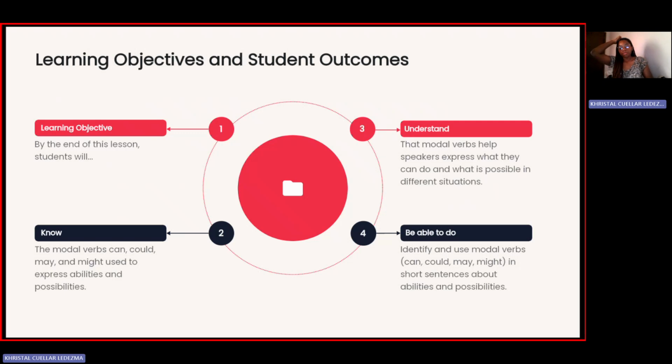Understand that modal verbs help speakers express what they can do and what is possible in different situations, and be able to identify and use modal verbs can, could, may, and might in short sentences about abilities and possibilities.